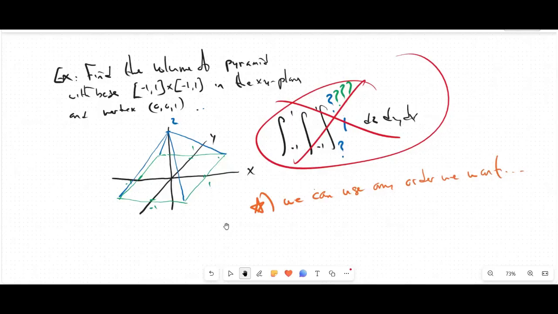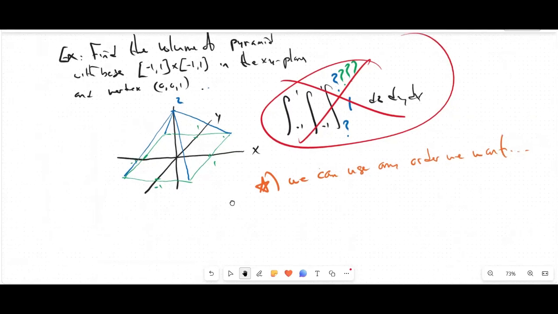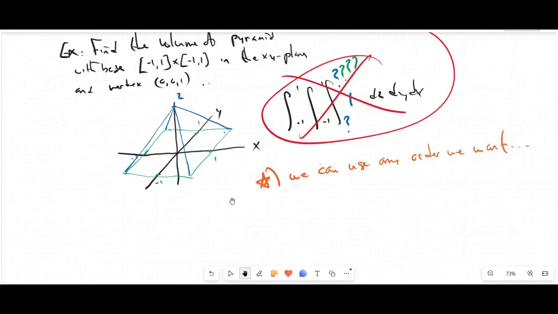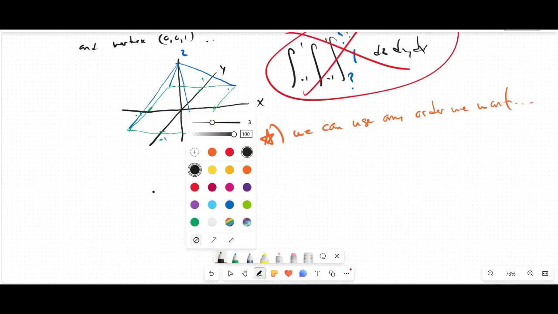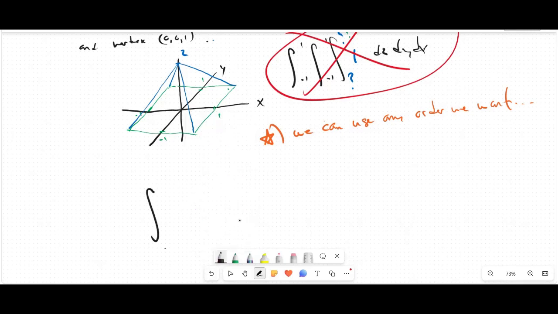I would like to set it up so that x is the innermost integral. Let's set this as a goal. So we're experimenting, we're not intimidated, we're feeling creative. We're going to need some kind of bounds. We don't know what they are yet, but I'm going to put x on the innermost, and then, spoiler alert, I'm going to do dy dz. But let's just look at x, and we're going to integrate 1. That's not the hard part.